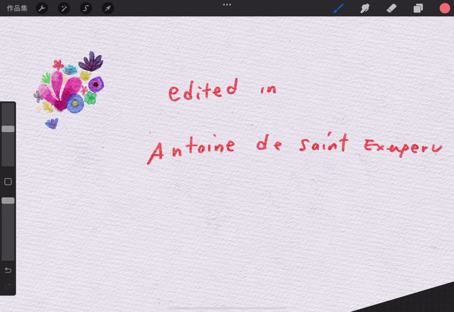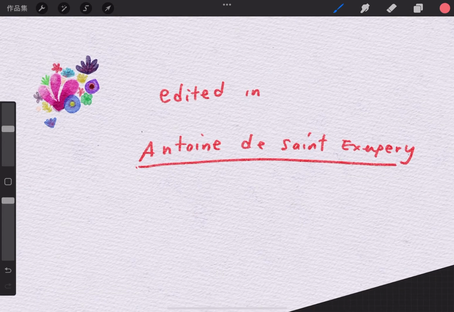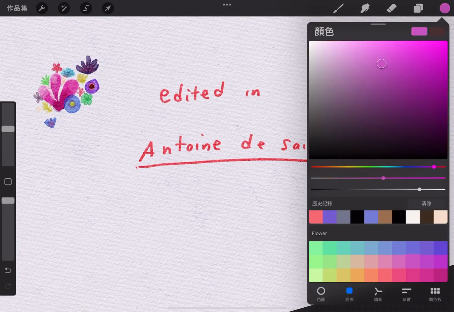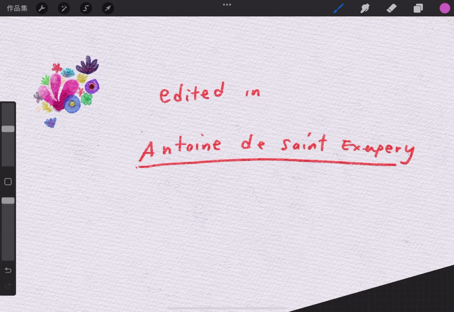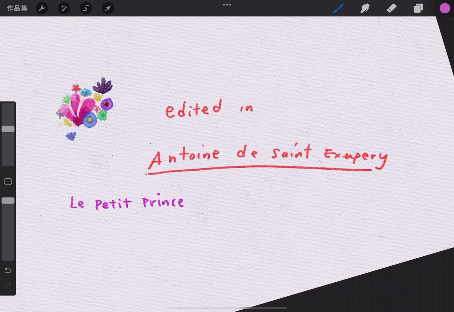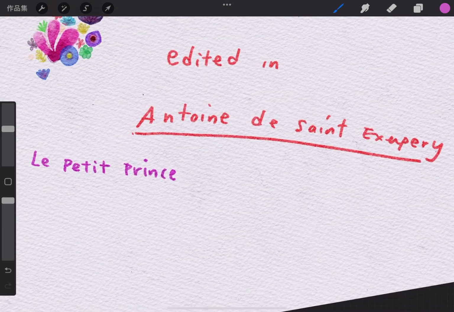I hope I'm pronouncing it right. If not, I'm super sorry about that. He is best known for his novella Le Petit Prince, which I love, this book.